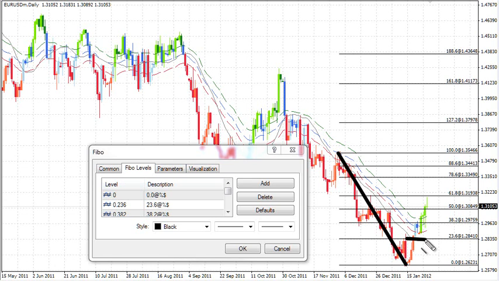This level is 23.6% of this move. This level here is 38.2% of this move. This is the halfway mark. This is the golden mean of the 61.8. This is 78.6% of that move. Here's 88.6%. And here is 100%. It's been a full retracement. It came back from where it started. Full retracement, 100%.